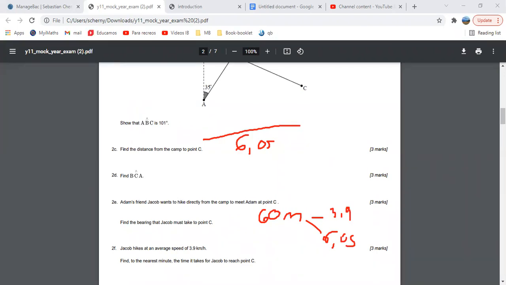The calculator will tell us that the number of minutes is 6.05 times 60 divided by 3.9, which gives 93.07, let's say. If it is to the nearest minute, we just round this, so in minutes this will be 93. So the time it takes for Jacob to reach point C to the nearest minute is 93. This is the answer, and with this we conclude the whole exercise.